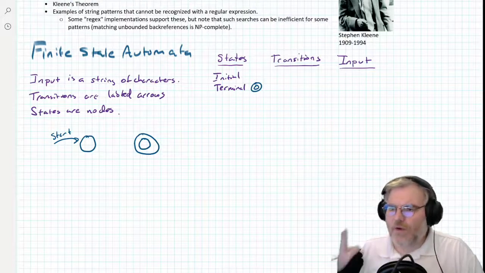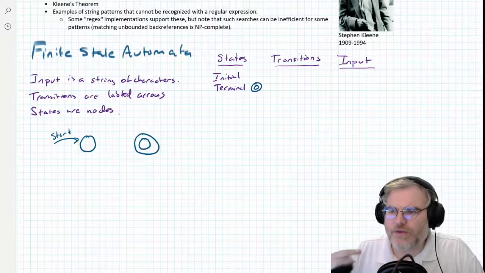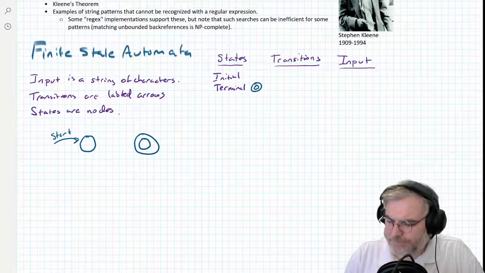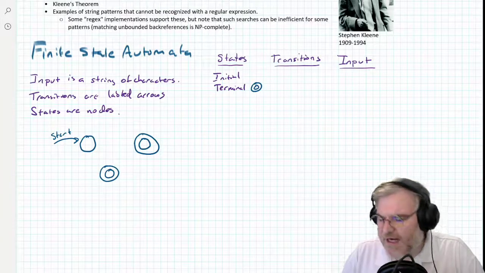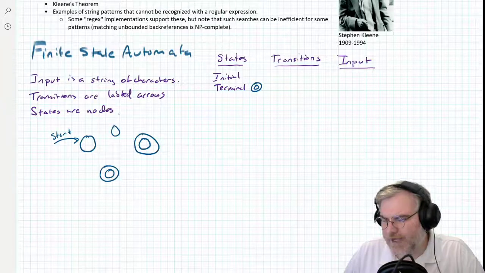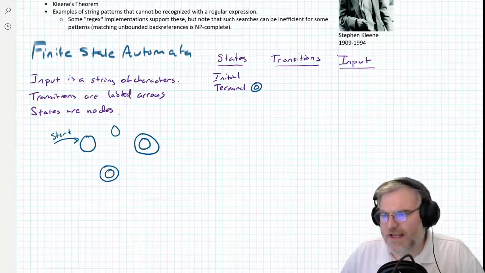I can have only one initial state, but I can have multiple terminal states. And then I can have multiple states that are just hanging out. Is everyone kind of on board with this idea of a state? It just hangs out.